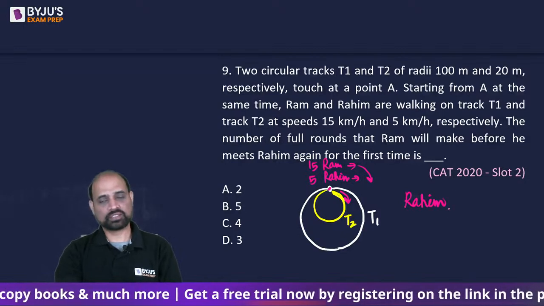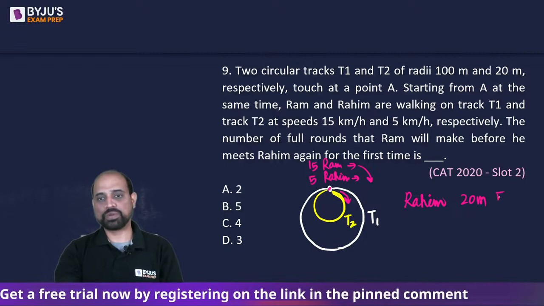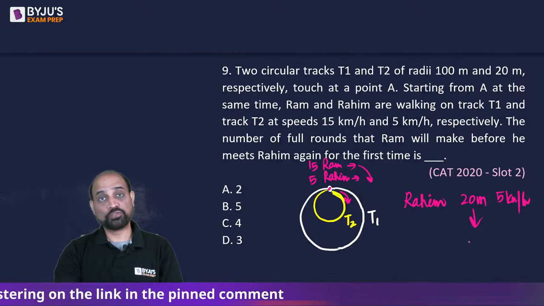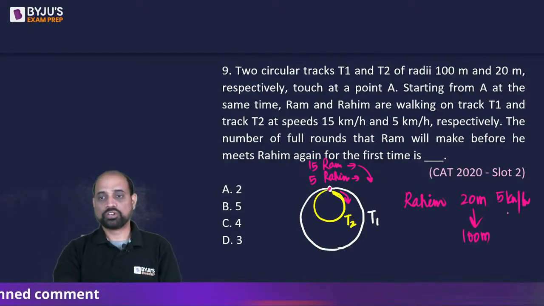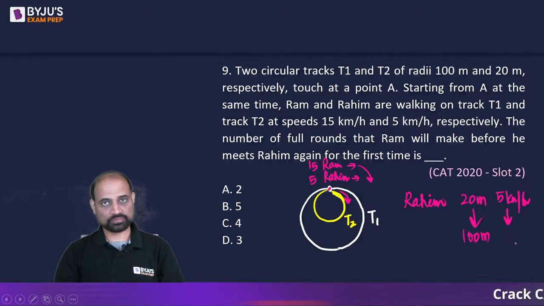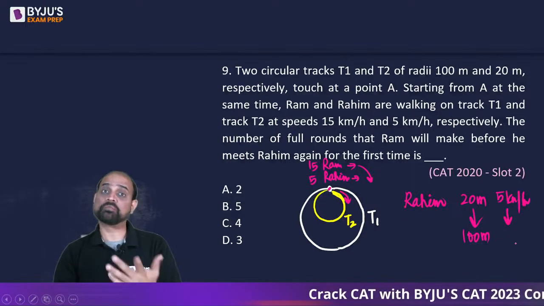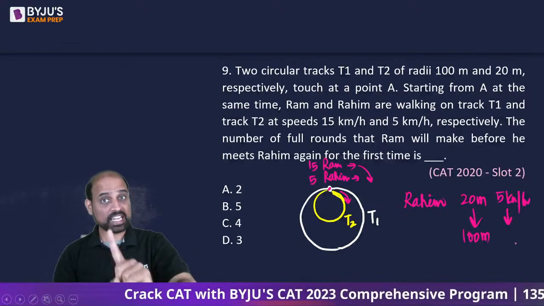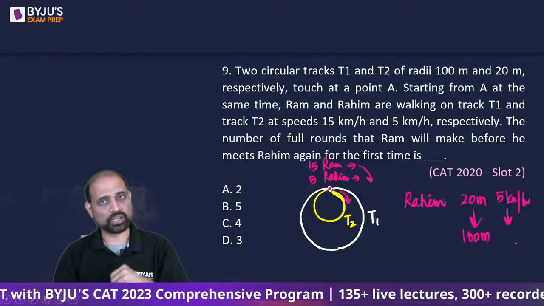So common sense, Rahim, if he runs at a track length of 20 meters, if his speed is 5 km per hour, if I convert this into a 100-meter track length, तो इसकी स्पीड इतनी ही रहनी चाहिए, बढ़नी चाहिए कि कम होनी चाहिए. Pure common sense. If it should remain same, it's 5. It should become larger, so we will say जितना times track बढ़ा है उतना times, not value wise.